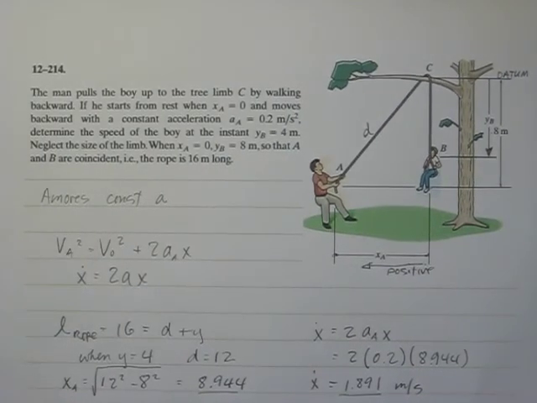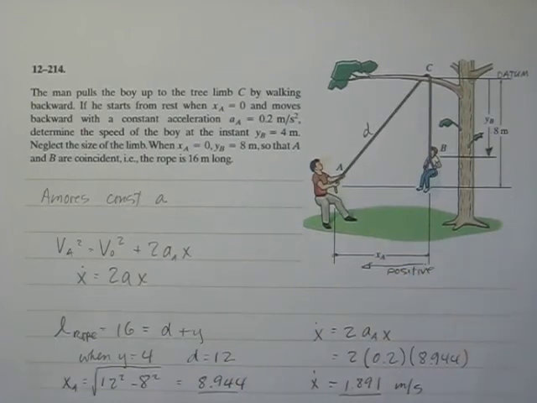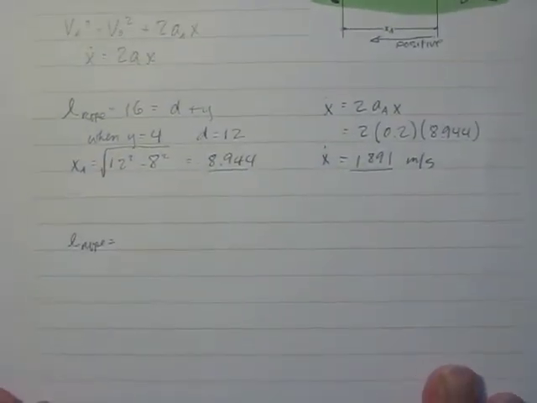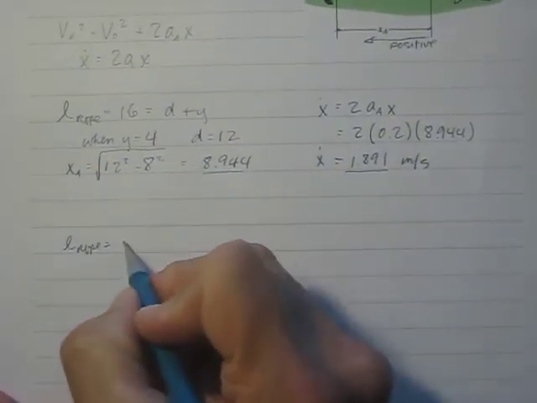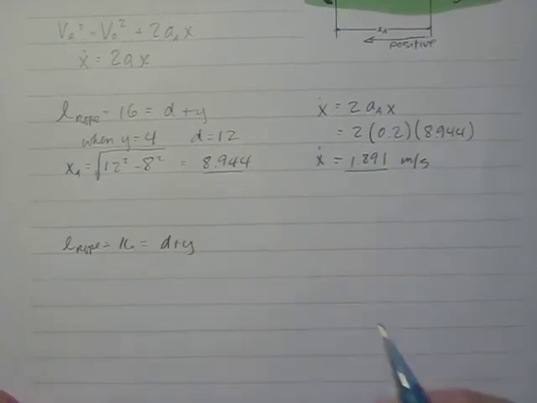All right, now let's look a little bit more at the rope. We said that the length of the rope is equal to d plus y, so let's do that one more time. Length of the rope is equal to 16, which is equal to d plus y.